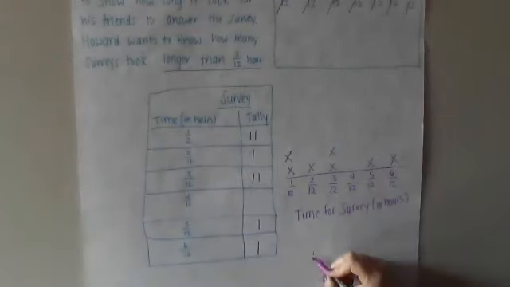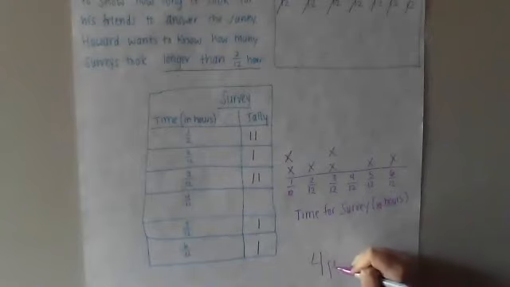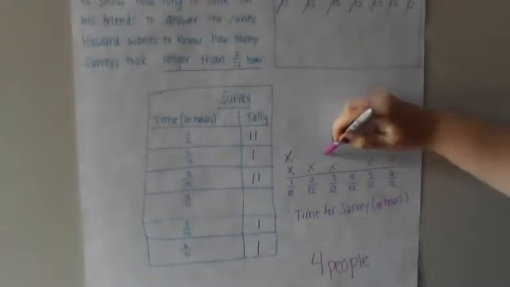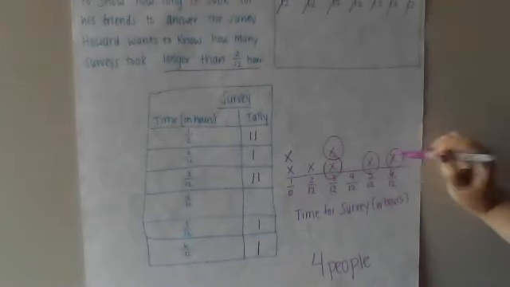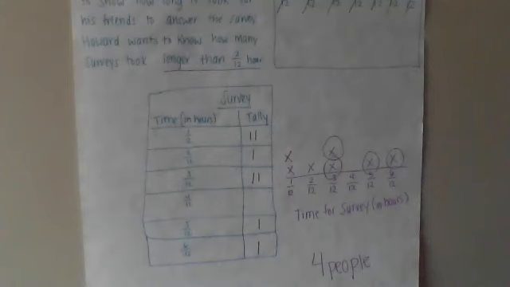Good. 4 people. Because we have 1, 2, 3, and 4. Those 4 data points, or those 4 people, took longer than 2/12 to complete the survey.